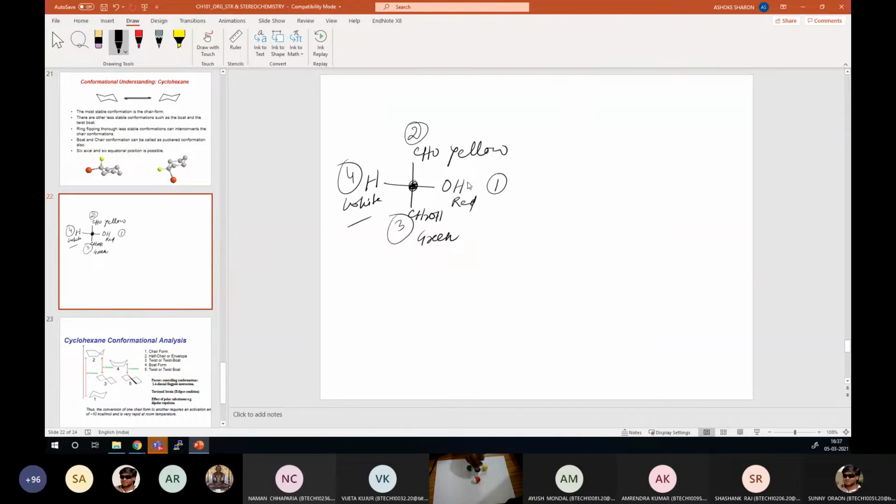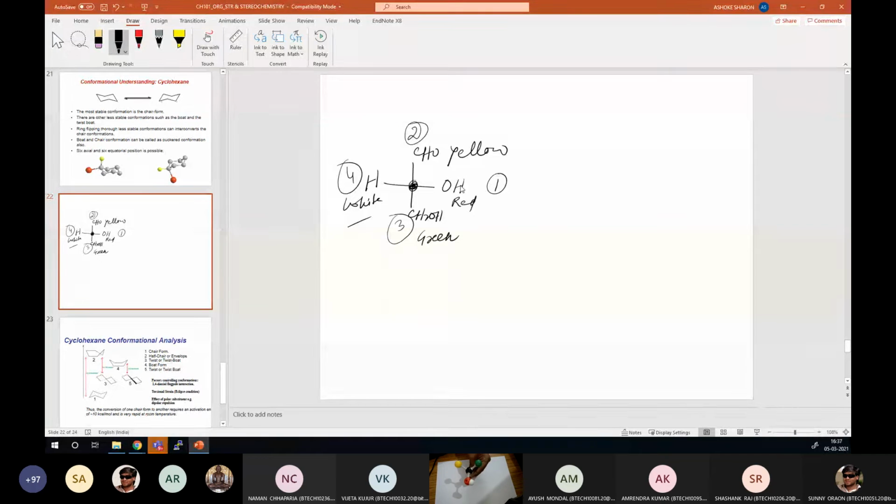So okay, now let me make it like this structure. Now let's just see this structure. In this structure, are you able to see hydrogen? No. Why?